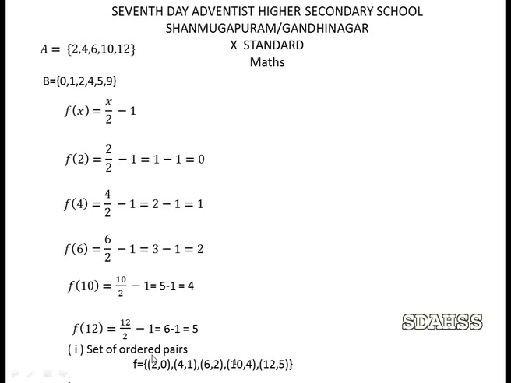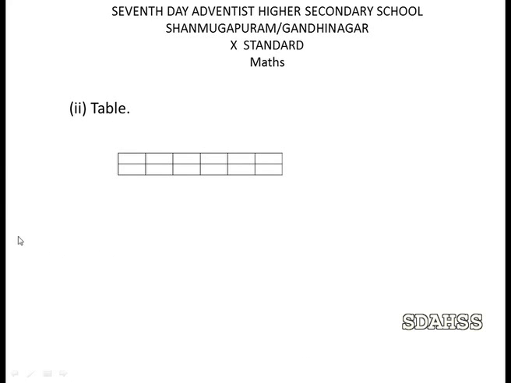Set of ordered pairs. Now write all the elements in the form of ordered pairs. f = {(2, 0), (4, 1), (6, 2), (10, 4), (12, 5)}. Table.